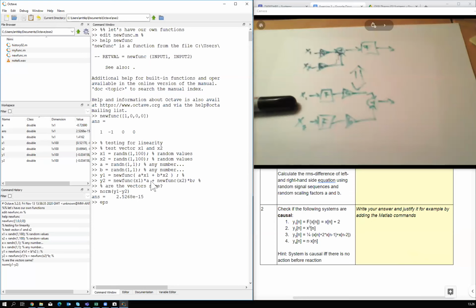Let's see what the machine epsilon is. Okay, the machine epsilon is 2.2 times 10 to the minus 16. So practically this norm is equal to 0.